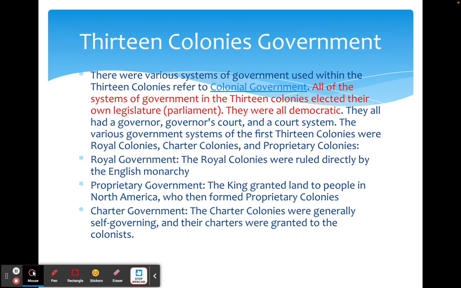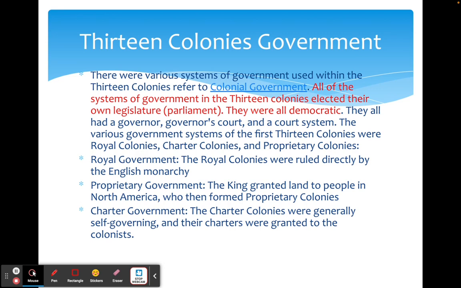And we can divide the government systems into three different kinds also. We have royal colonies, charter colonies, and proprietary colonies. A royal government is where the royal colonies were ruled directly by the English monarchy, the king or queen of England at the time.